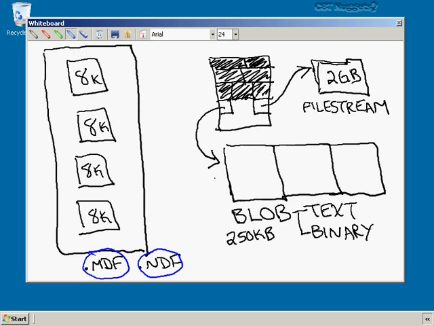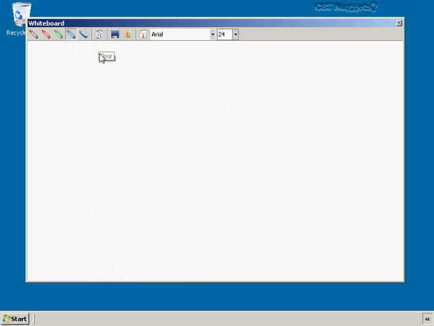So a downside is that you can't just back up the MDF. If you're going to grab a file level backup, you also need to grab all of these file streams. Blobs live inside the database file. They live in these 8K pages. They just happen to live in separate pages that are linked from the main data page. All right, all this business of pages becomes important in looking at how SQL actually modifies data.